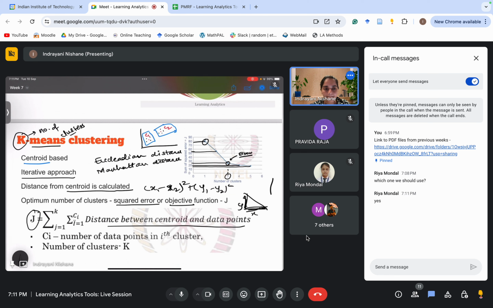So all the data points are considered as one cluster, and then we go from top to bottom. We say that this particular data point is farthest, so we separate it. So there are A, B, C as one cluster, and D, because this particular point is D and it is farthest.